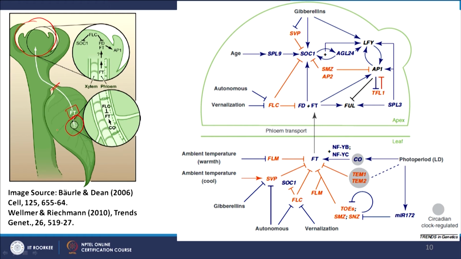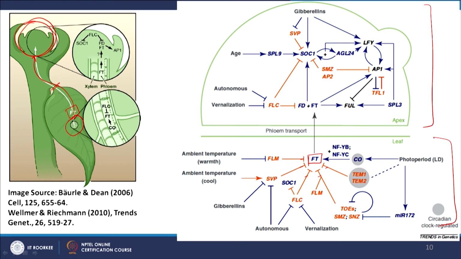So, FT is activated in the leaf, and then it moves through the vascular tissue, precisely through the phloem, and when it reaches the apex, it activates genes there. If you look at this diagram, this is your leaf and this is your apex. In the leaf, FT is kept repressed by several mechanisms during the vegetative phase.